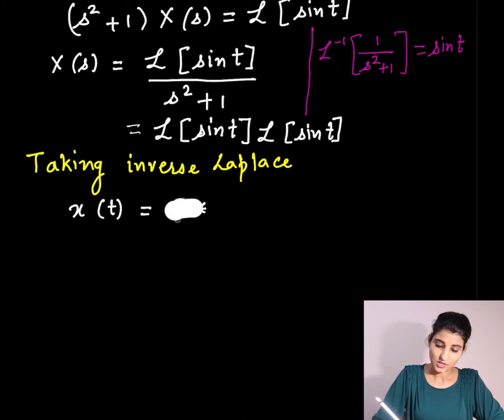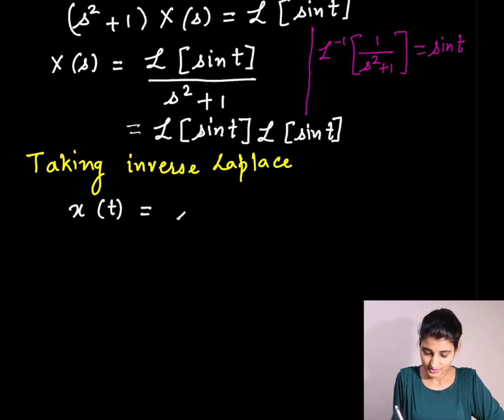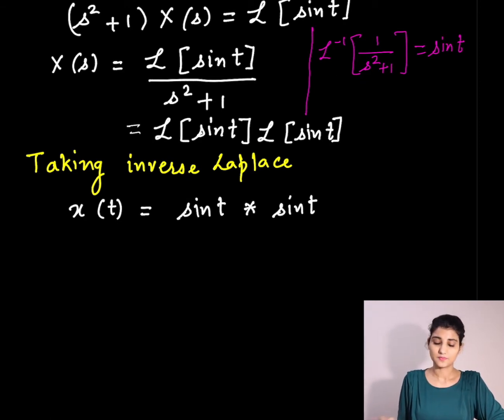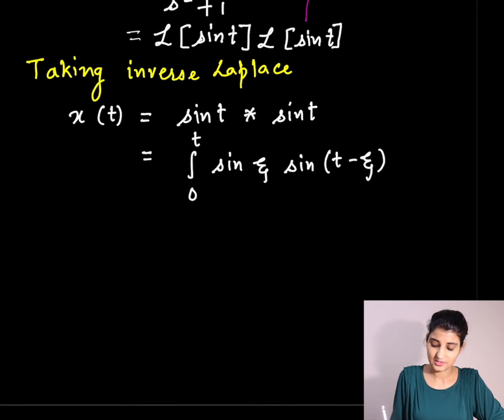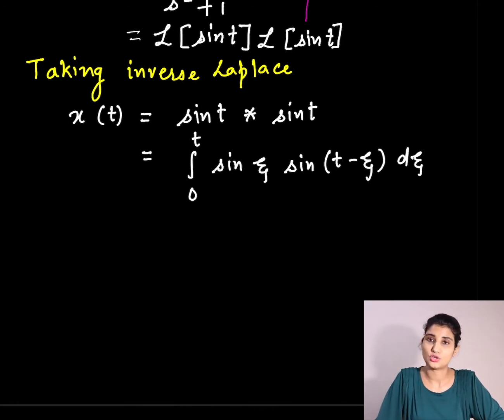So we have the convolution of sine t with sine t, and convolution is defined as the integral from 0 to t of sine xi times sine of t minus xi, d xi. This is just the definition of convolution.